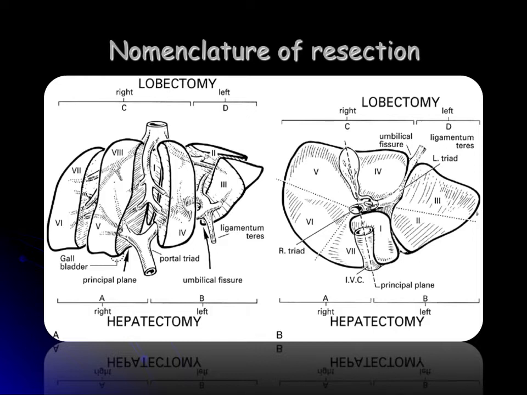If we say extended right hepatectomy, we remove all the right lobe and segment 4, for example. If we say extended left hepatectomy, we remove all the left hepatic lobe and add segment either 5 or 8. If we do a segmentectomy and name a segment, like segmentectomy 4, that means we remove segment 4 only, or segmentectomy 3, we remove segment 3 only.